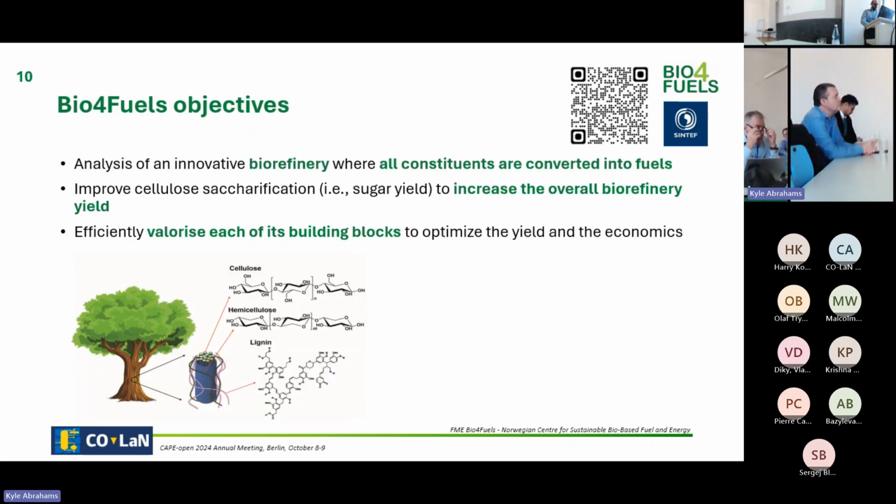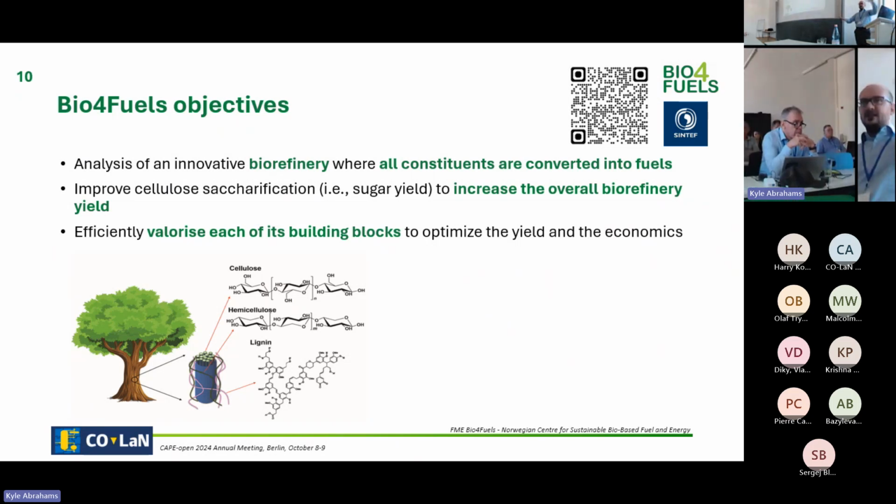The strategy and the objectives for Bio4Fuels, essentially the scope of the work, was we start from the biomass. We want to split in a very effective way cellulose, hemicellulose, and lignin, because the post-processing of these different parts of the biomass are completely different.